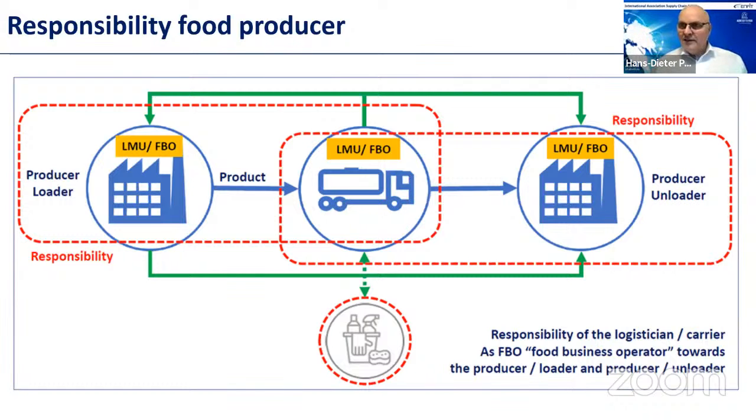And the interesting thing is, around the world, when I look to the FDA papers, to the European Commission papers, and so on, they say that everybody who's in the line from the raw material production, maybe from the farm, through the logistic companies, through the producers in the first and second step of production, they are all members of the supply chain, and they are under the law food business operators.